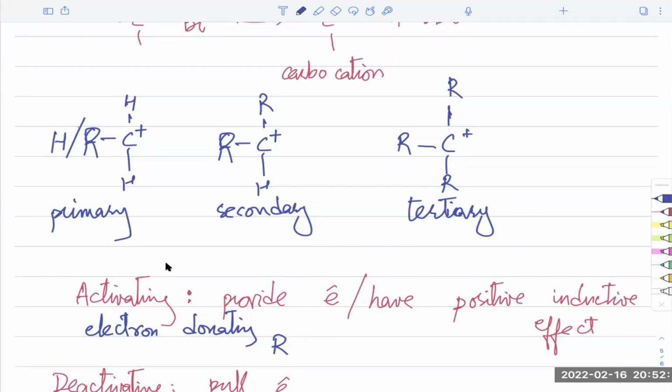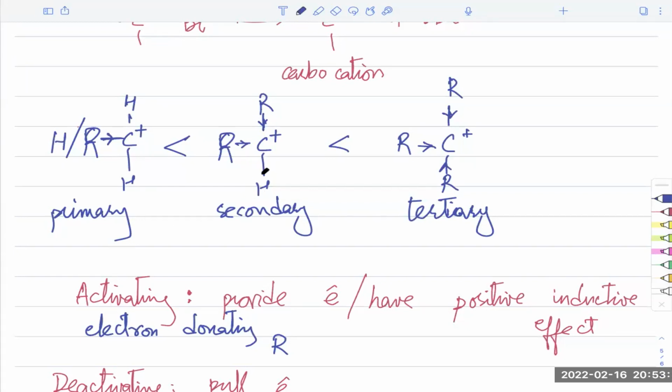For example, if this carbocation is attached to one alkyl, that alkyl is giving electrons to this positive. So the positive is going to be stable. And over here, it's getting electrons from 2 of them. And here it's getting electrons from 3 of them. So this one is very stable. So more stable, less stable, even less stable, because it's attached to activating groups, positive inductive effect.